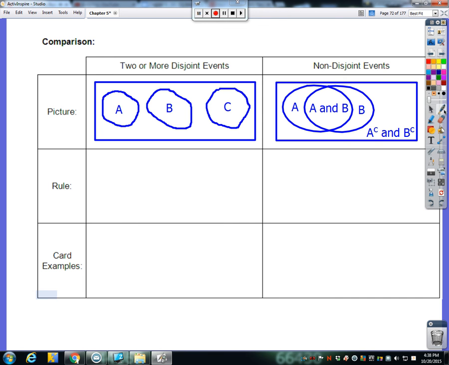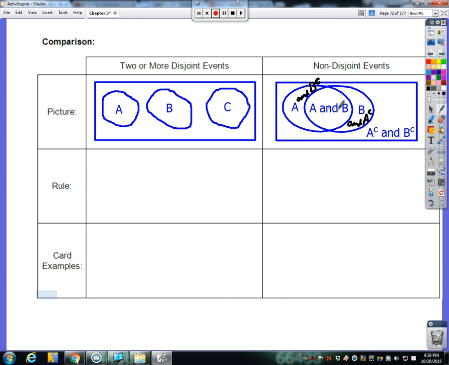Now, I could write this a little bit differently. In this region, right in here, this is where A happens, but B does not happen. So I could say this region is A and B complement, not B. And in this little crescent moon over here, this is where B happens and not A, A complement.